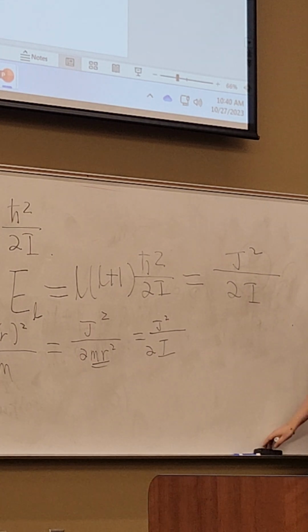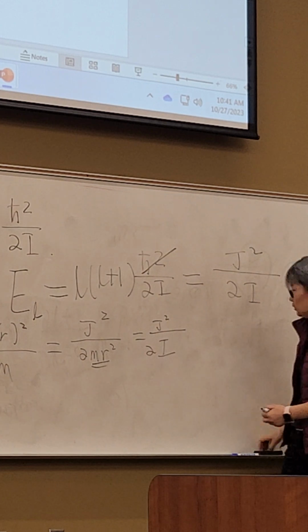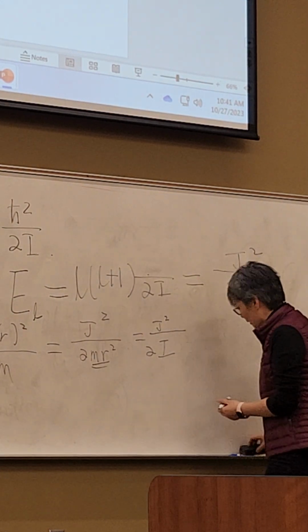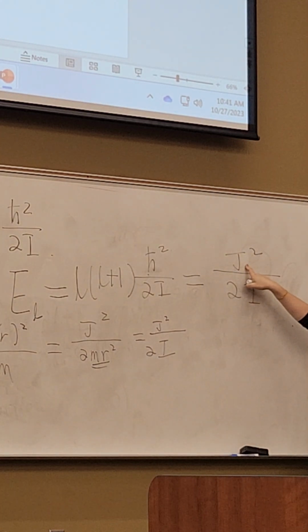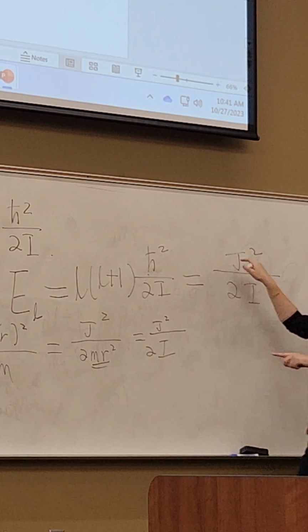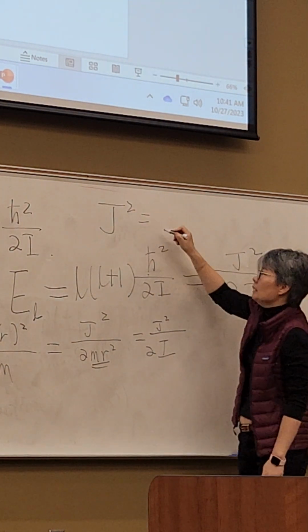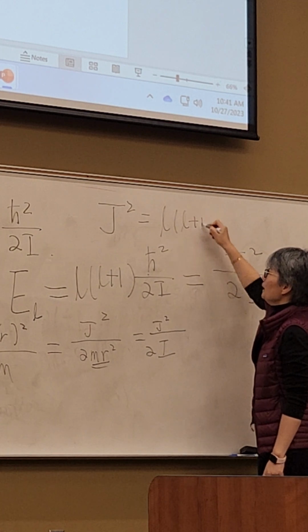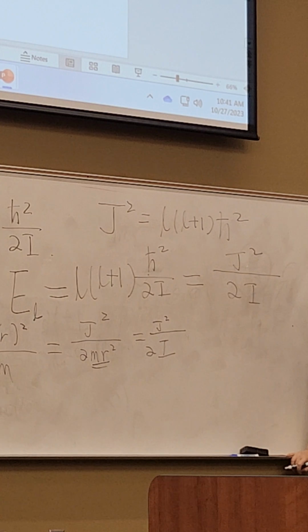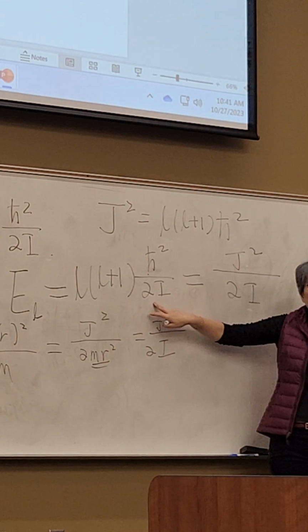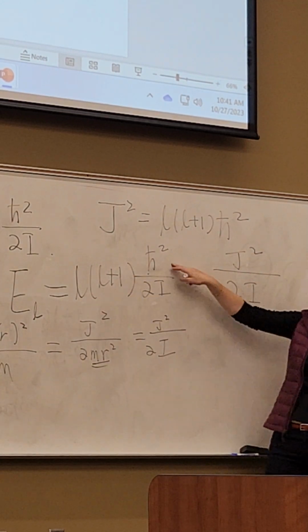Okay, now what am I gonna get out of this? The h bar, the I cancels. I can get the J expression. What do I have? J squared will equal L times L plus 1, h bar squared.